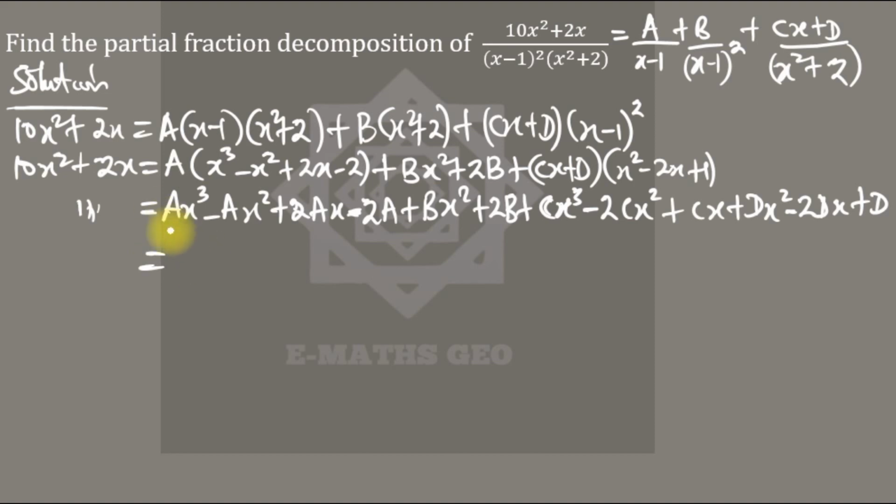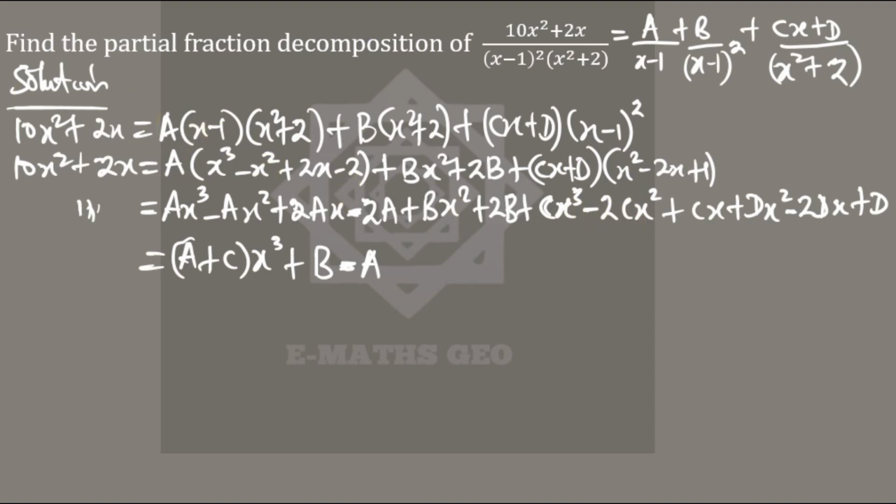So we'll group. Let's look at the x cubed ones. I have A plus C times x cubed. Now let's look at x squared. B is there, minus A is there.